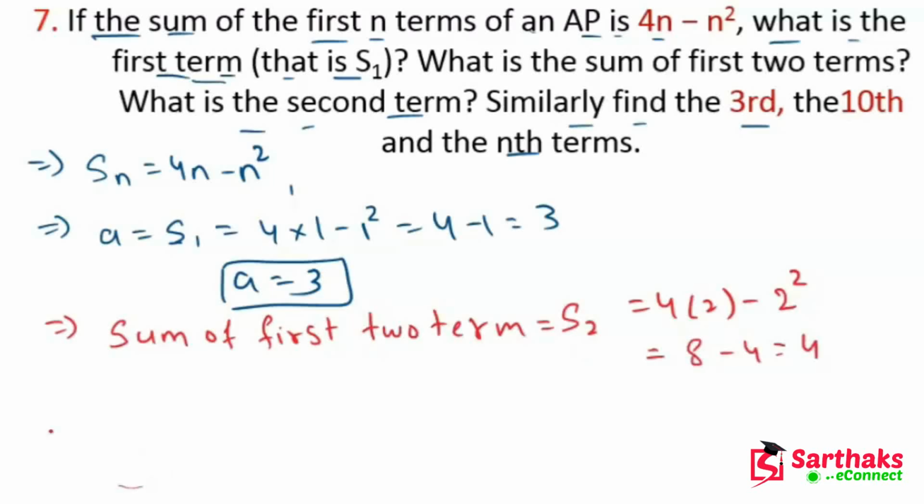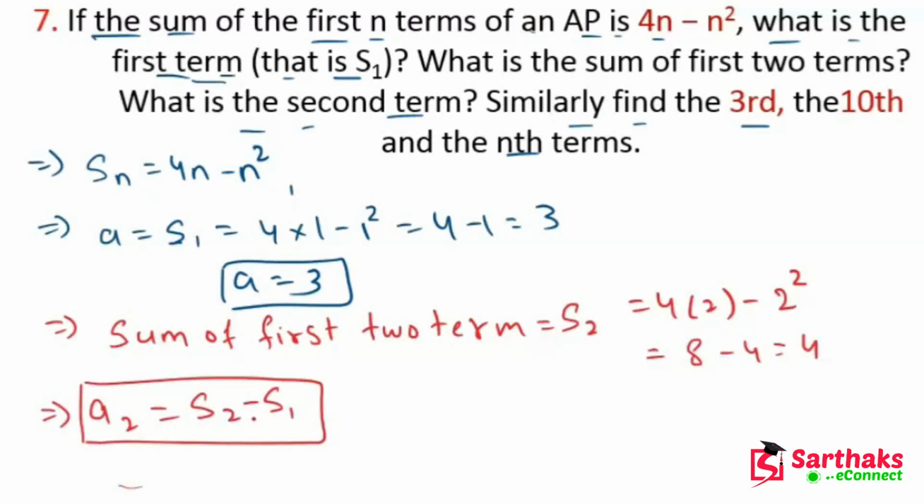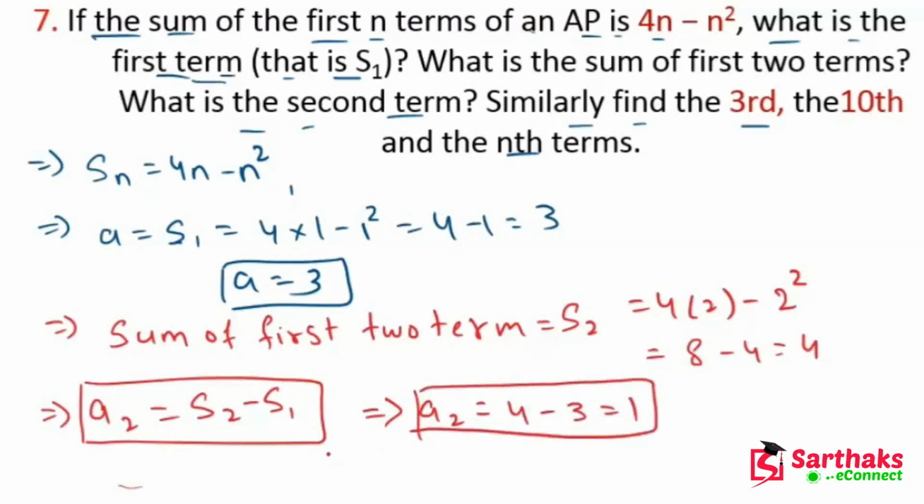Now what is the second term? We know that A2 is equal to S2 minus S1. You have to learn this. S2 is 4 and S1 is 3, so A2 is 1.